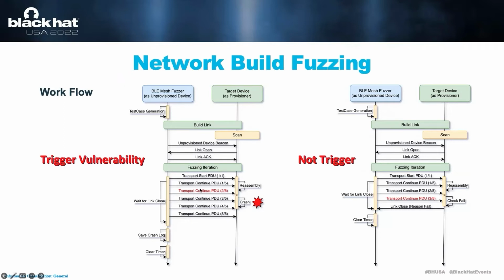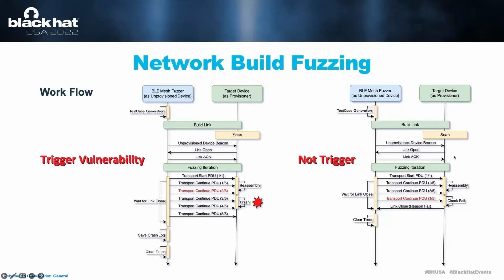Assuming that this transaction continue PDU triggers a vulnerability, causing the target device to crash, then the target device will lose all the information for this provisioning session, so it will never send the link close to our fuzzer. And we return to the fuzzer side. The timer has timed out, and the fuzzer does not receive any link close. So the fuzzer will consider it a crash, then save the crash log and clear the timer.